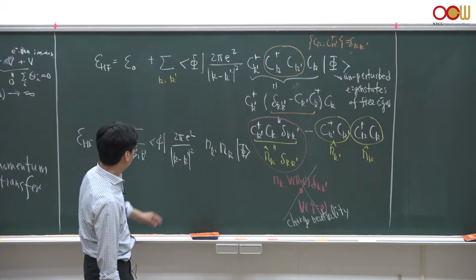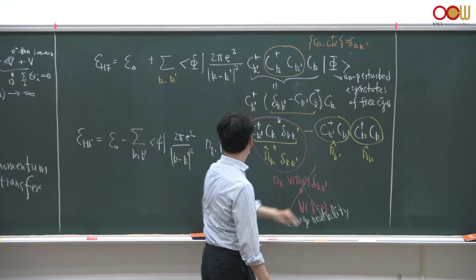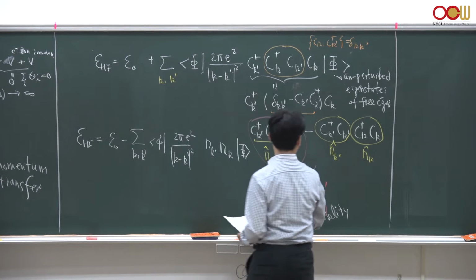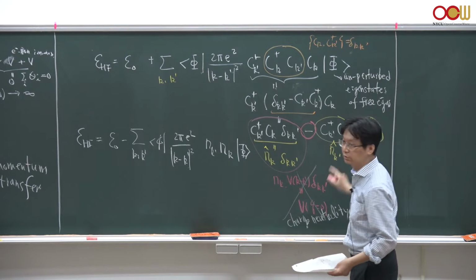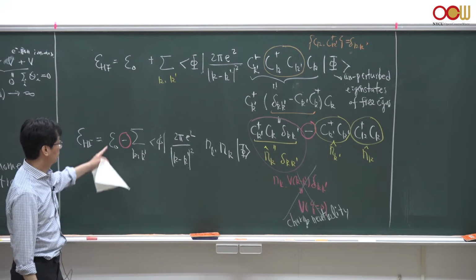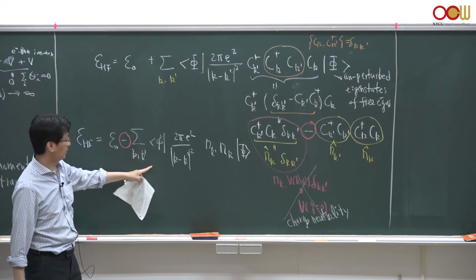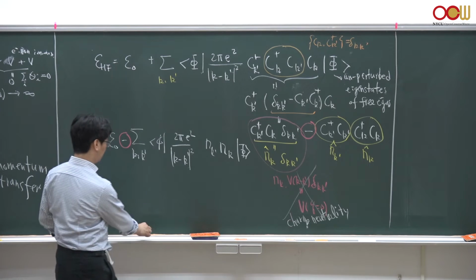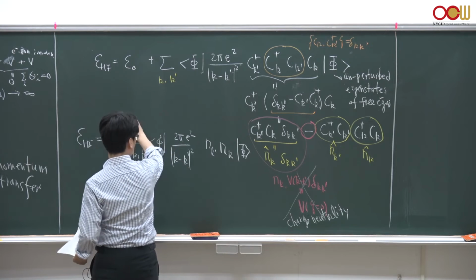So we only care about this second term here, which is this. And remember, there's a minus sign here in between these two terms, so there is a minus sign here if you simply just copy this here. All right, so this is the exchange energy that we are talking about.